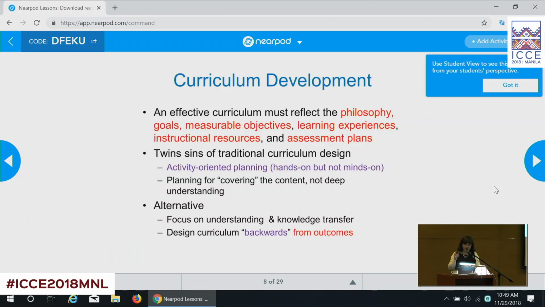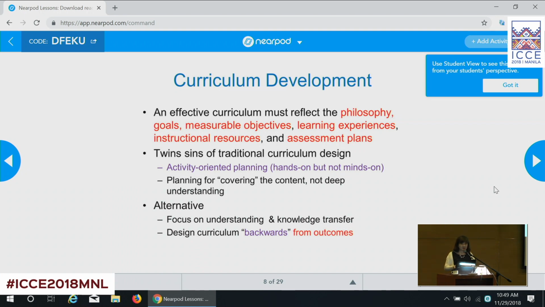The two major drawbacks of the traditional curriculum design include using more hands-on but not minds-on activity-oriented planning, and planning to cover as much learning content as possible, thus leaving no room or space for deep understanding and deep learning.